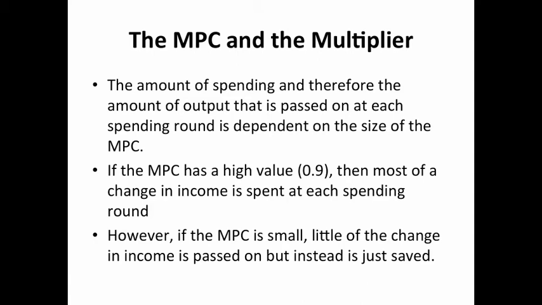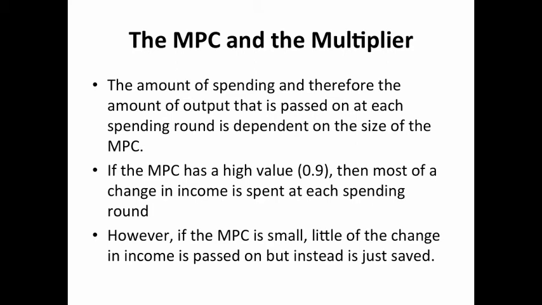And so, working through those examples there, it should be apparent that what's very important is the MPC. As income changes in each round of spending, how much gets passed on to the next round is going to be important in understanding what the eventual change in real GDP is. And that's all about that marginal propensity to consume, the MPC. So think for a moment about the relationship between the MPC and the multiplier.